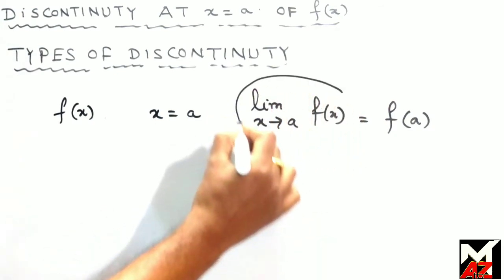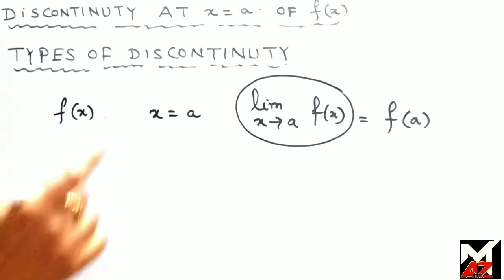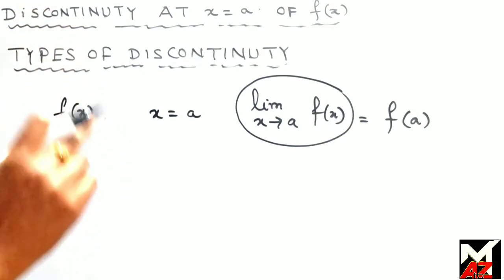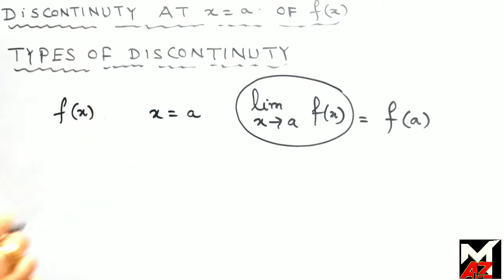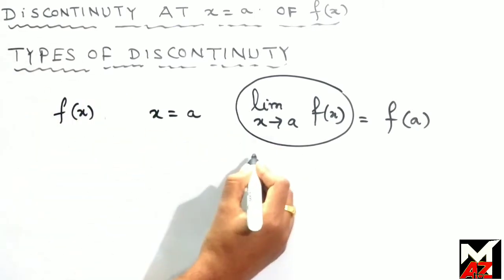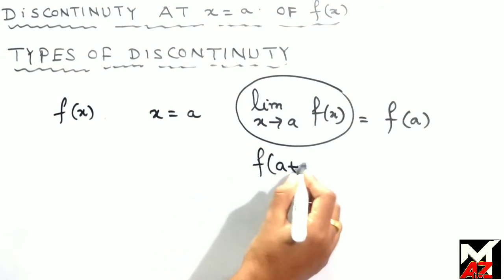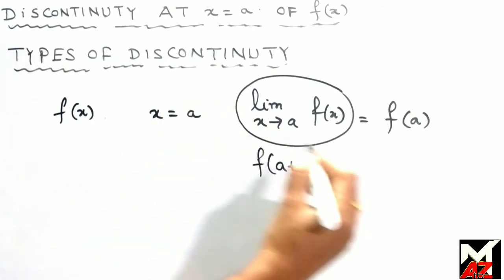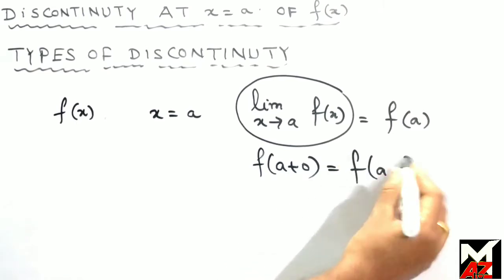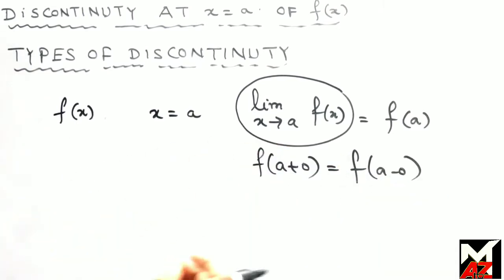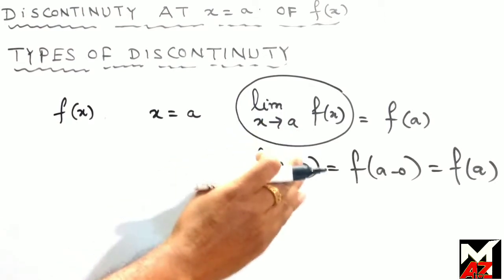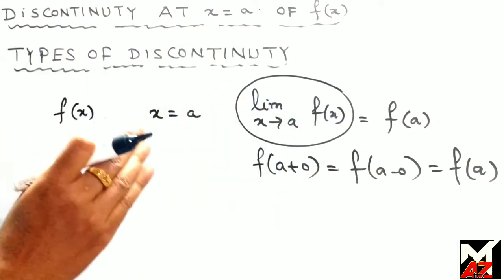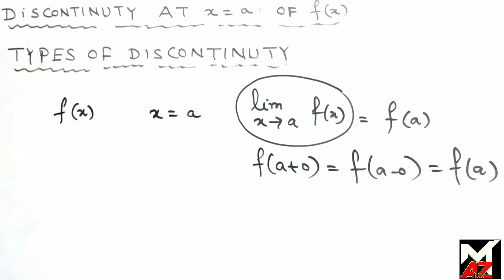And for existence of this limit, we also know that the left hand limit and right hand limit must be equal. That is, f(a+0), the right hand limit, is equal to f(a-0), the left hand limit, and this is equal to f(a), the functional value. These three must be equal for continuity of f(x) at x equal to a.